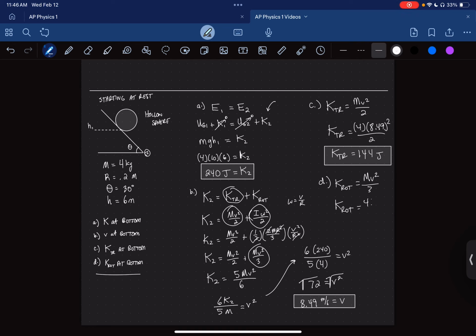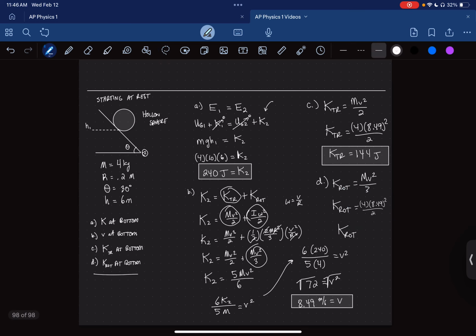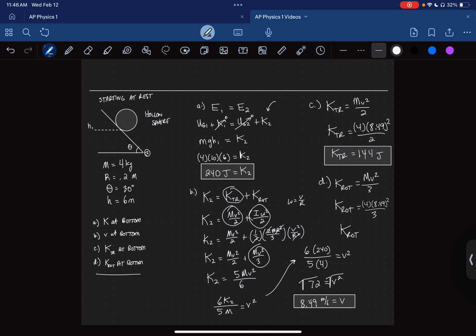So 4 times 8.49 squared over 3. Except that this is a 3.